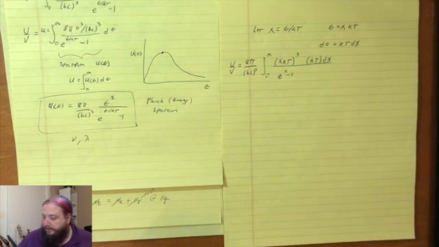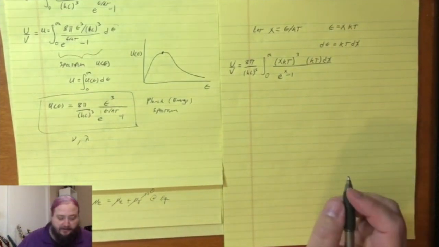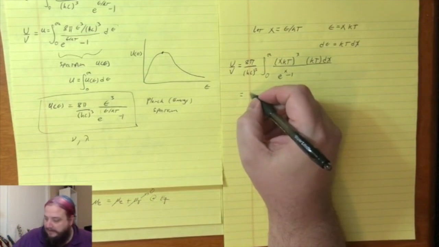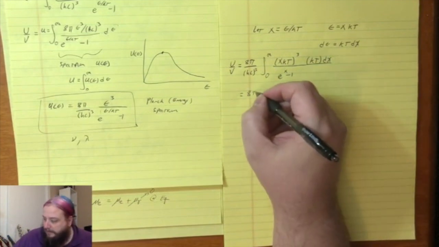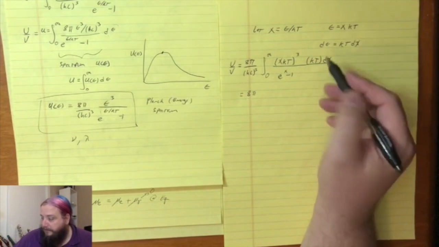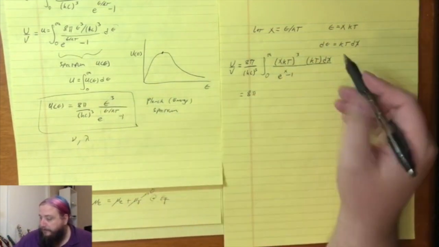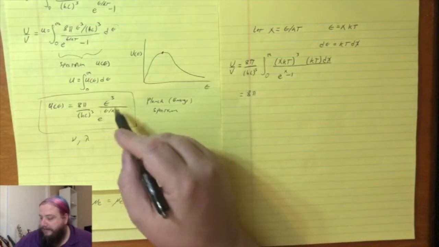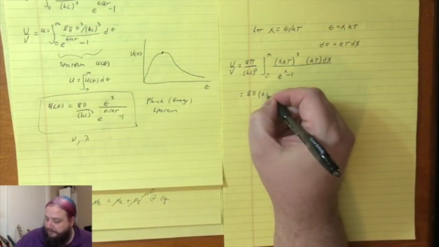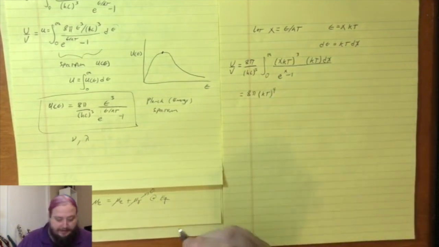And if we pull out all the extraneous factors of kT, this is going to be 8 pi, 3 factors of kT from the x cubed, or from the energy cubed, and another factor of kT from the dE term gives us 4 factors of kT out front.